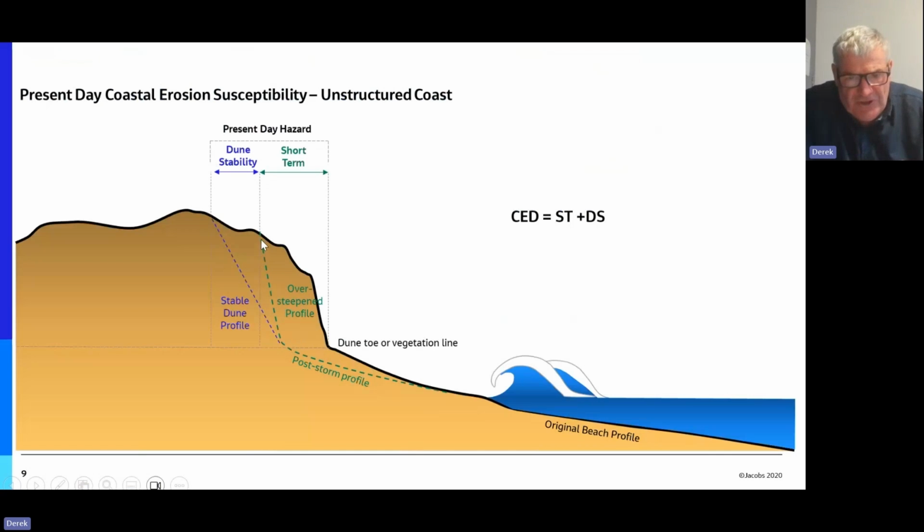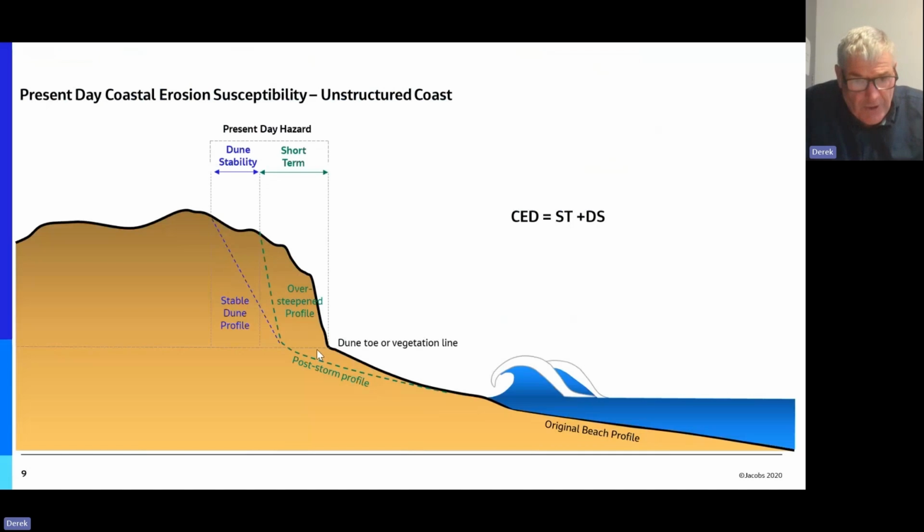We're left with an over-steepened dune face, a scarp face, and then to meet the angle of repose of natural sand when exposed like that, there will be a further part of erosion to reach back to that 30-odd degrees angle of repose from an over-steepened 40 degrees. So this amount of erosion in our present day is based on what we know from the past, what storms might have occurred that created these issues.